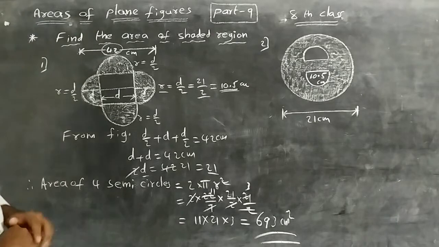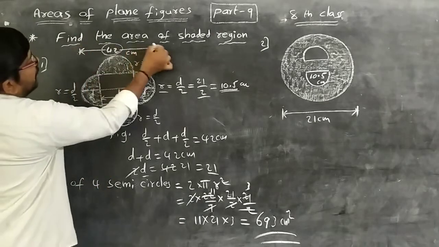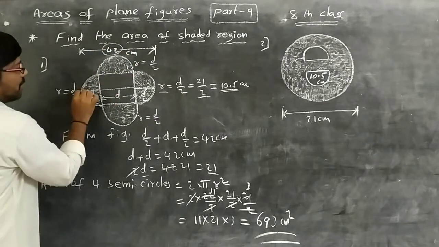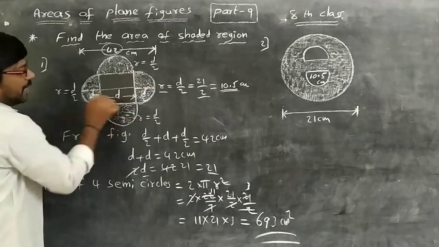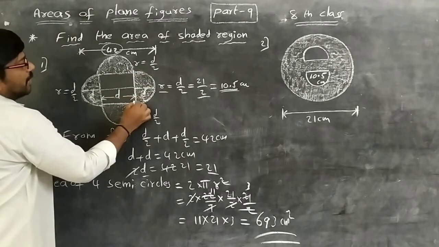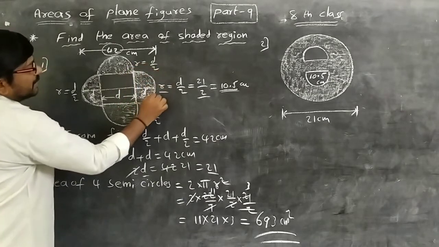So once again, listen. If we observe this figure, the total distance from here to here is 42. That is given. And the side of the square is D, which means this side is the diameter of this semicircle.